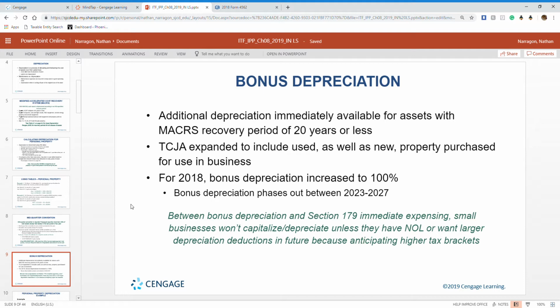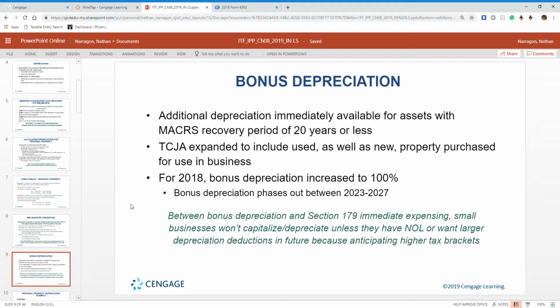I mean, they basically will take this anytime because they love it, unless they're figuring out that they have an NOL, which is a net operating loss, or want larger depreciation deductions in the future because they're anticipating, hey, we may end up going into a higher tax bracket.